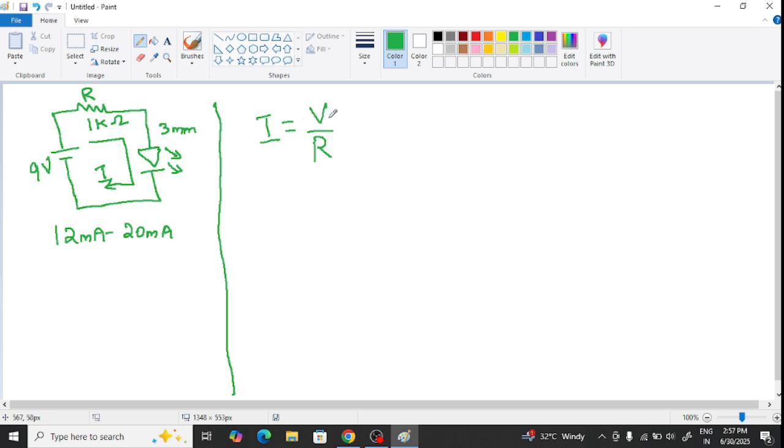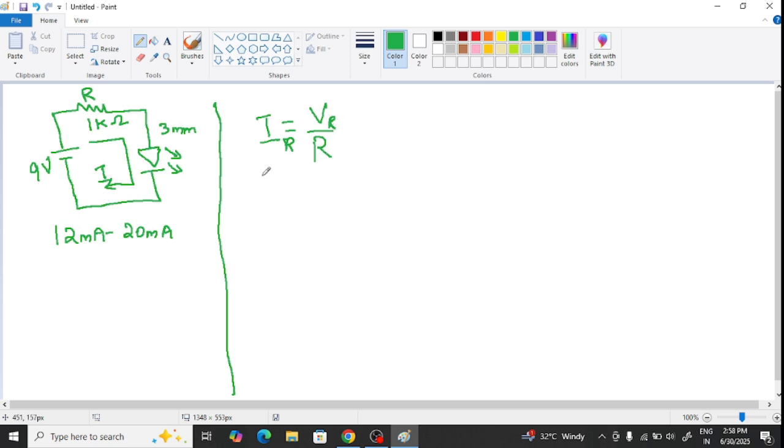So I is equal to VR divided by R, where VR is the voltage drop across the resistor divided by the resistance value. This is the current flowing through the resistor, that is IR. IR and the current flowing through the LED are the same. So we are going to find IR.